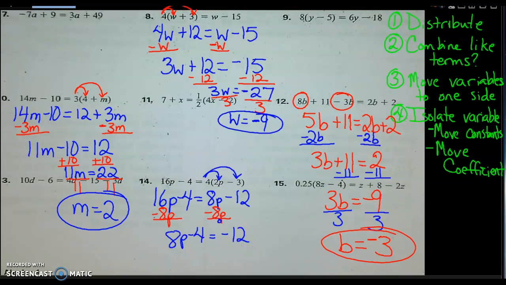Okay, I'm going to move the constant. Plus 4, plus 4. That leaves me with 8p equals negative 8. Kind of running out of room here. Going to have to divide by 8, divide by 8. And that's going to leave me with p equals negative 1.